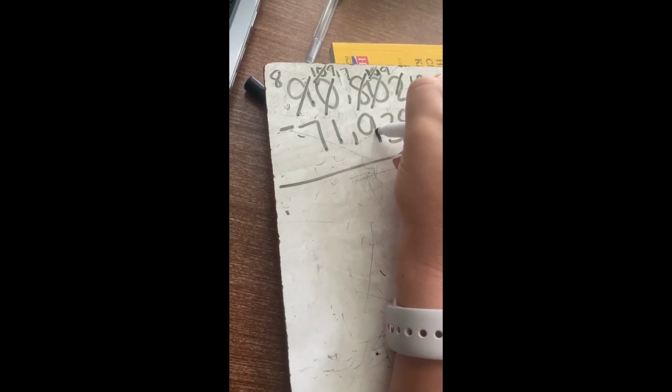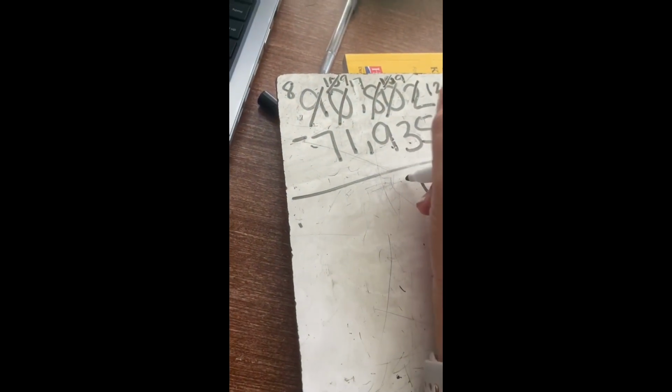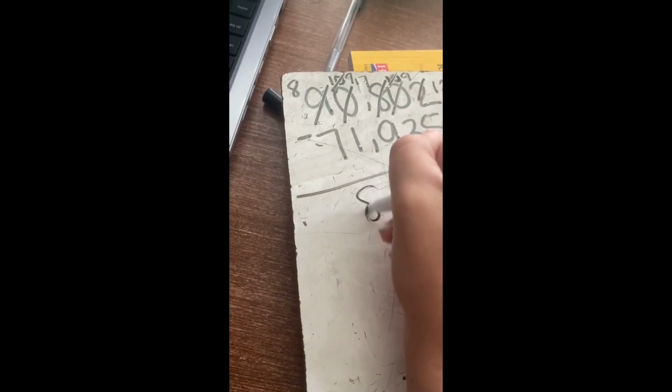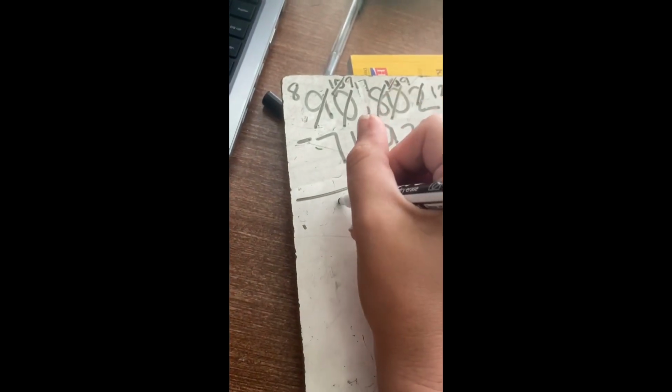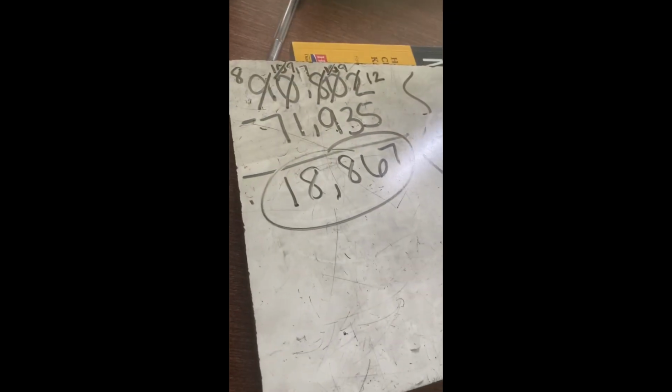So I have 17,000 minus 9,000. I'm sorry, 1,700 minus 900. And 17 minus 9 is 8. 9 minus 1 is 8. 8 minus 7 is 1. So the answer to this problem is 18,867.